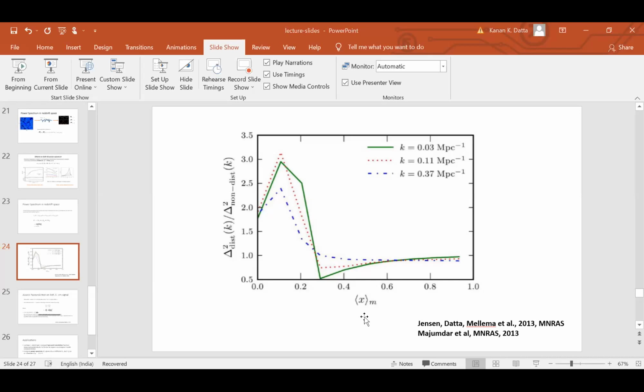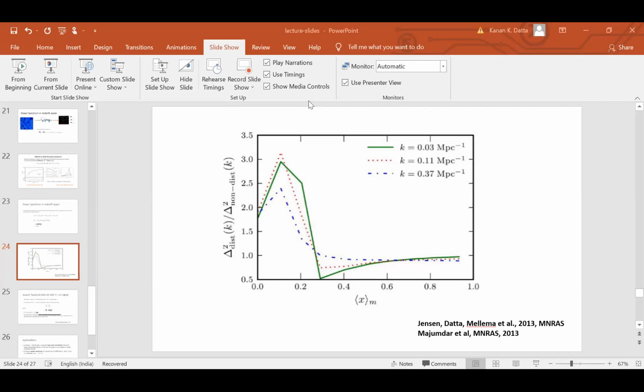Okay, I think, so the Alcock-Paczynski effect is not studied as much, is it? In the context of 21 centimeter. But in the galaxy context, people have studied it. Is there a reason why people have not studied? I mean, it turns out that the AP effect has a very small impact compared to the effect of RSD.